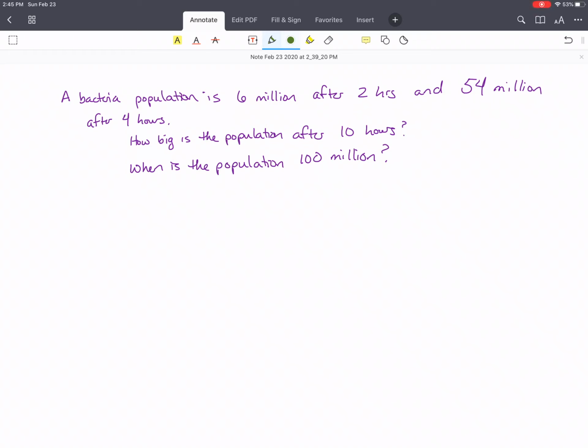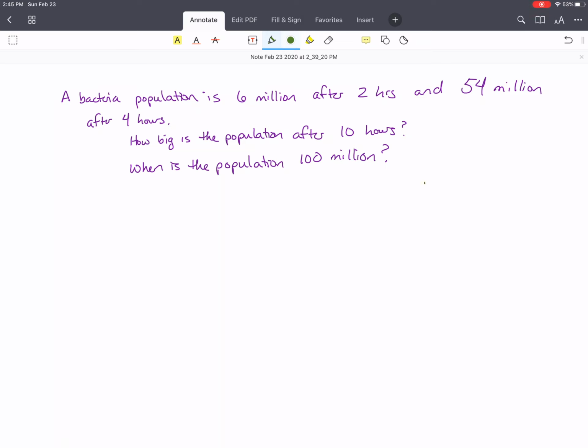In this video, we want to talk about modeling with exponential functions. So the idea is you're taking a scenario, and instead of coming up with, say, a linear model or a linear equation to model the information, you're trying to come up with an exponential model because you think it's a better fit.